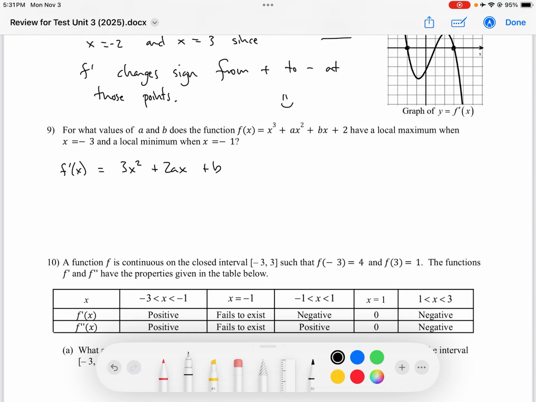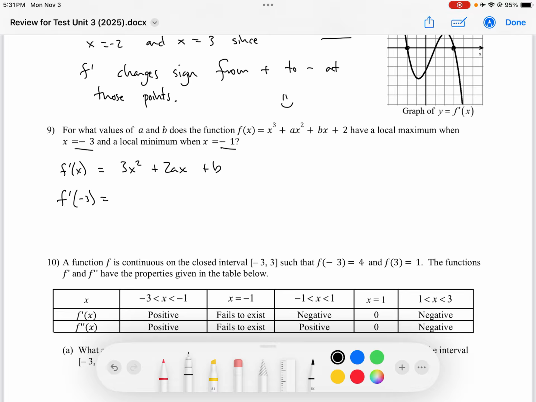Okay. When we plug in negative 3 and negative 1, we want this to be 0 because they're critical points, and this derivative is never undefined because it's just a quadratic. So the derivative would have to be 0 at these points.